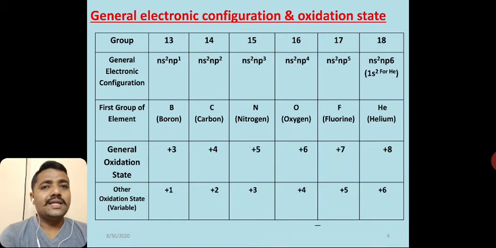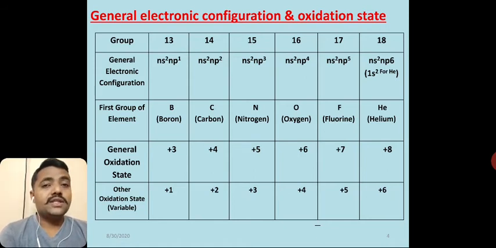Therefore s2 and p1 are constant, but the n value changes. You can take boron or aluminium. In this, the 13th group of elements, the general electronic configuration is ns2 np1. The first element of the group is boron.